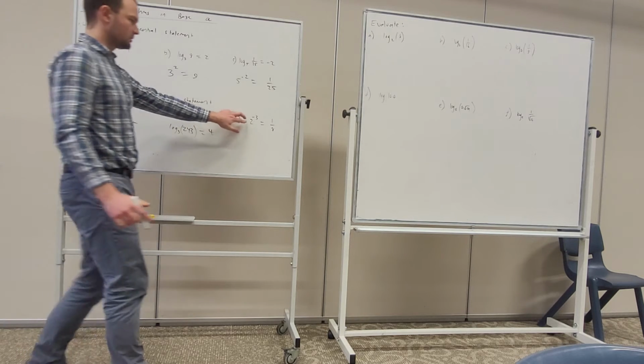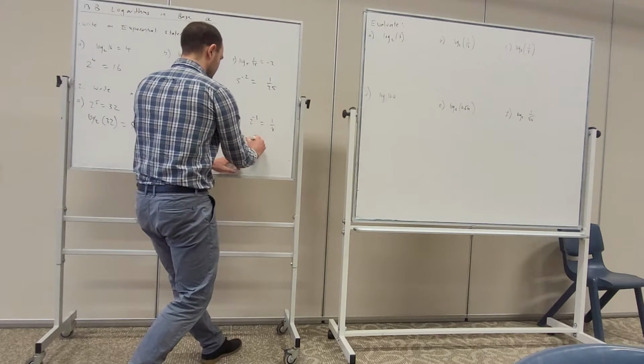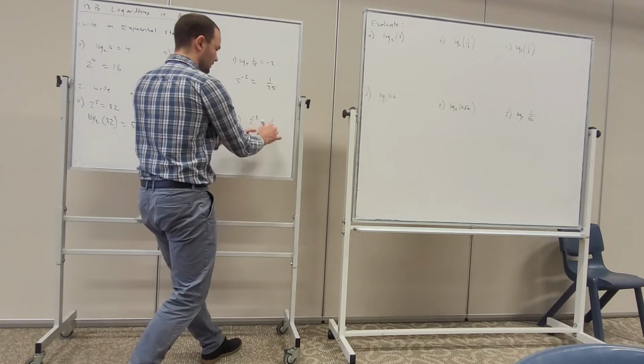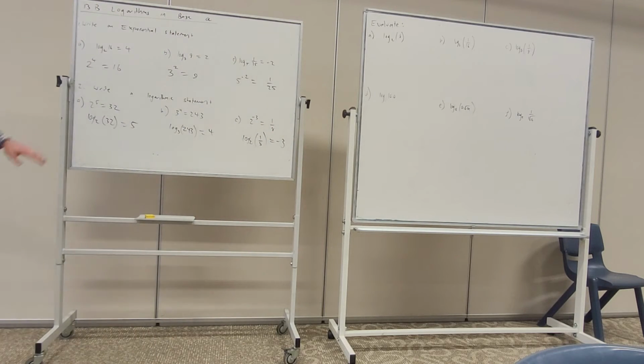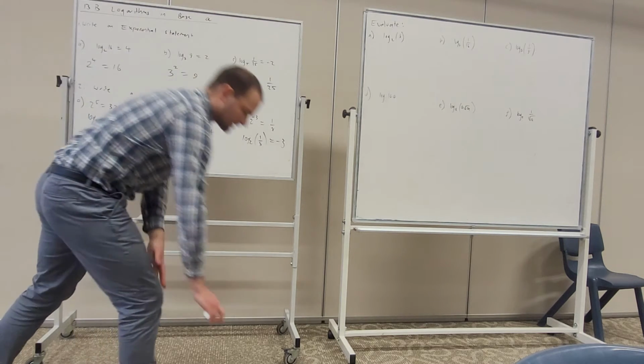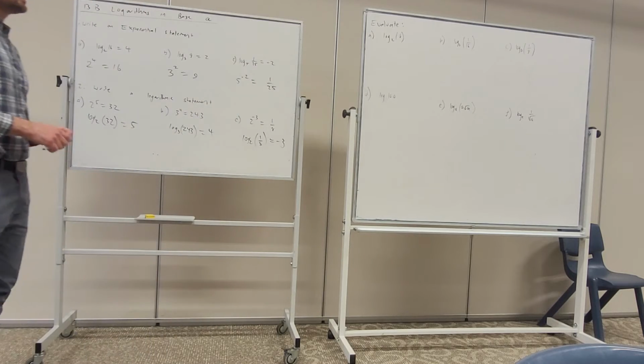And here our base is 2, log in base 2 of 1 on 8 is minus 3. We can see the link going from there to there, and from there to there. We've done both. So that's just writing some linked statements.